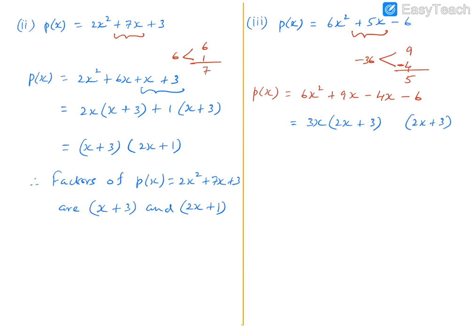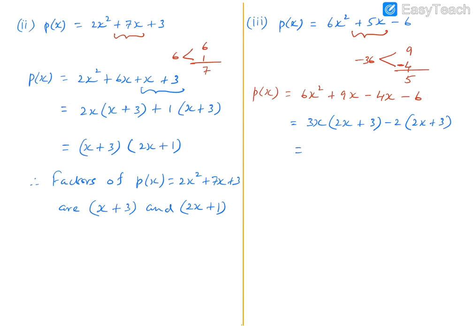And now with what number, if we multiply this expression, we will get the second half of the polynomial. So clearly we have to multiply this with minus 2. So minus 2 into 2x is minus 4x, and minus 2 into plus 3 is minus 6.